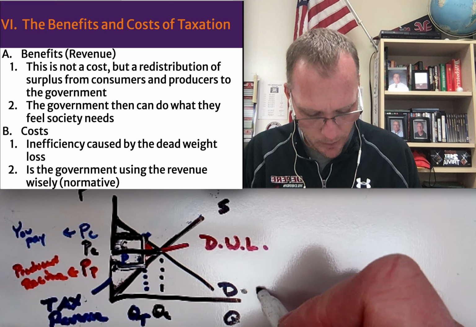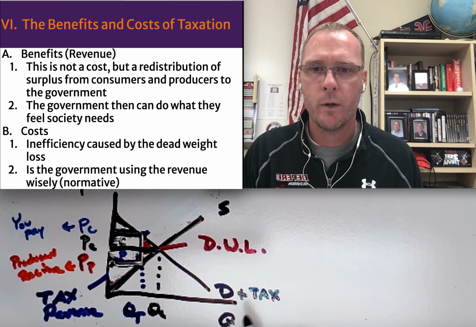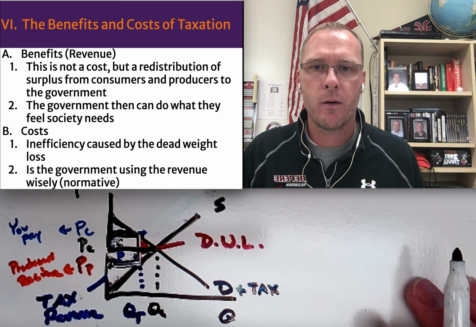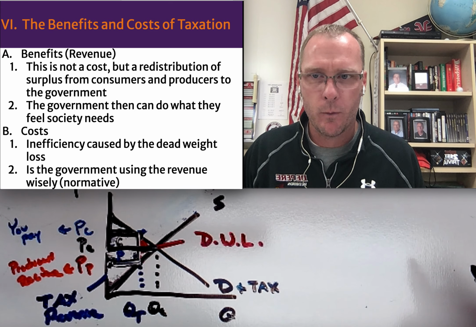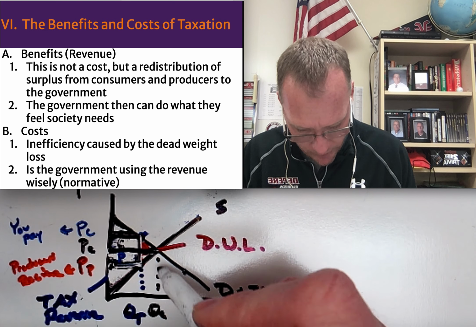So this has to be demand plus the tax, right? With the tax included. So I need to find my demand without the tax. So how do I find that demand without the tax? I have to subtract the tax, go down $2 at every point.